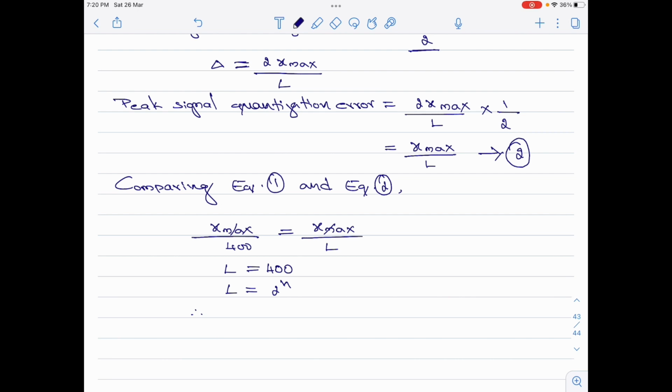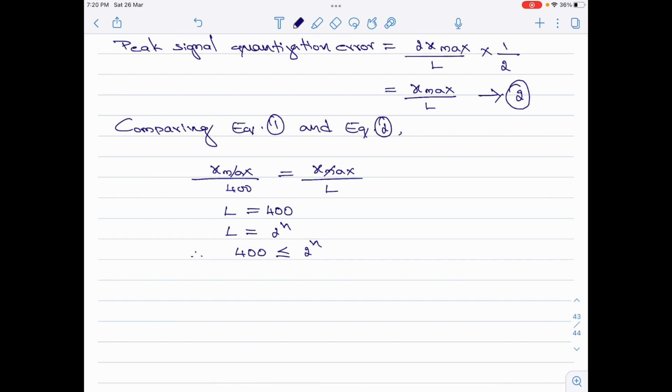Therefore, now 400 should be less than or equal to 2 power n, where n represents the number of bits per sample. By using the simple logic of the power of 2, I find the value of n is equal to 9. How? 2 to the power of 1 is 2, 2 to the power of 5 is 32, 2 to the power of 8 is 216 and 2 to the power of 9 is 512. So, the value of n equal to 9 satisfies this condition, and that is why I will be choosing the value of n as 9.